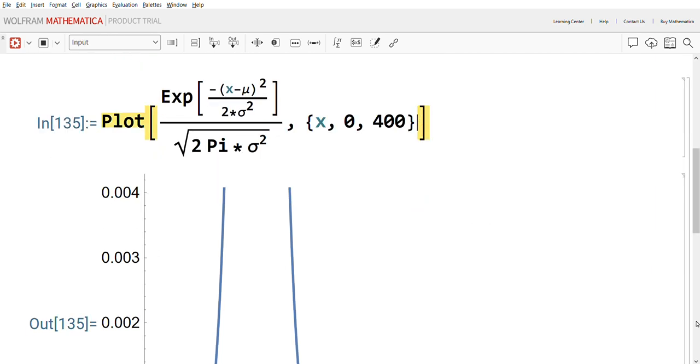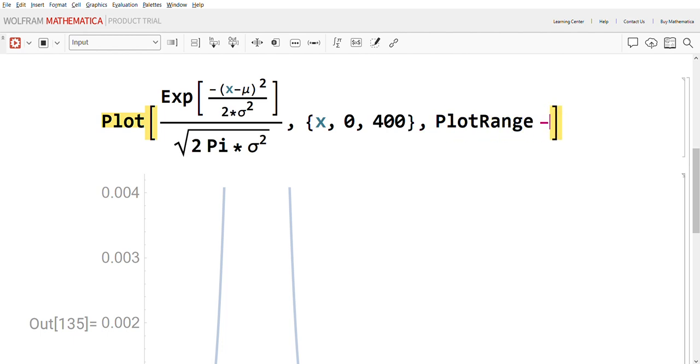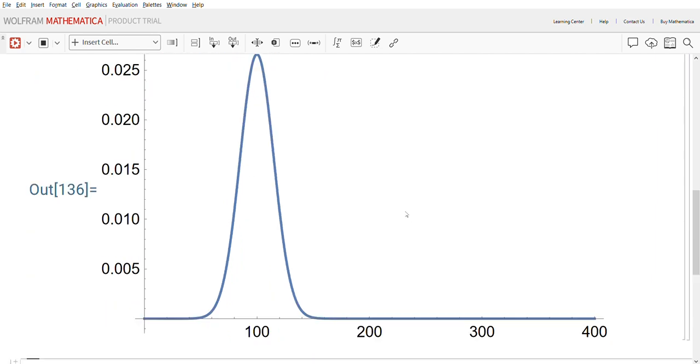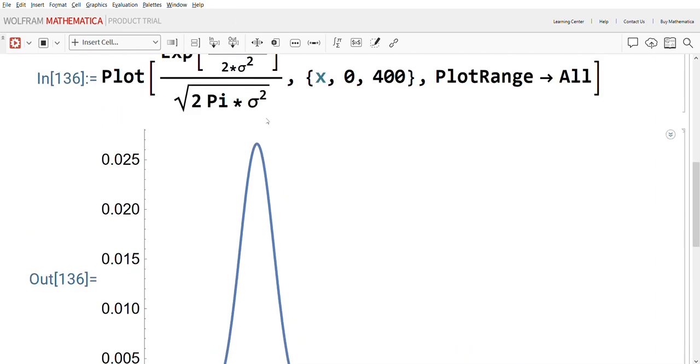And I'm going to set the plot range. You see it? What was the command? Yeah, okay, so there's our bell curve. As you can see, the mean of 100 is represented up here, the peak density output.